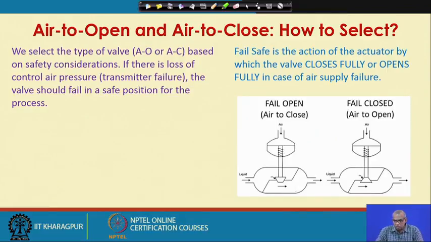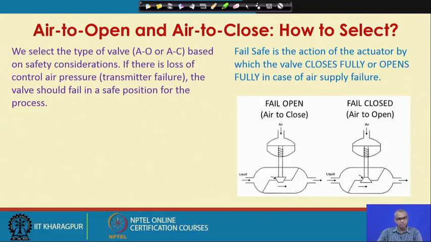Now, how do I select an air to open valve or an air to close valve? We select the type of valve, air to open or air to close, based on safety considerations. If there is loss of control air pressure, for example the transmitter fails and the control valve does not receive the air signal from the controller, a failure happens.